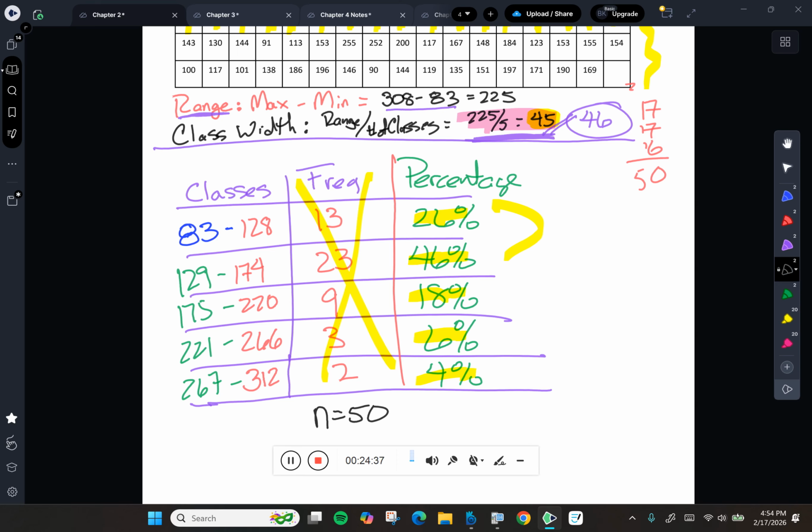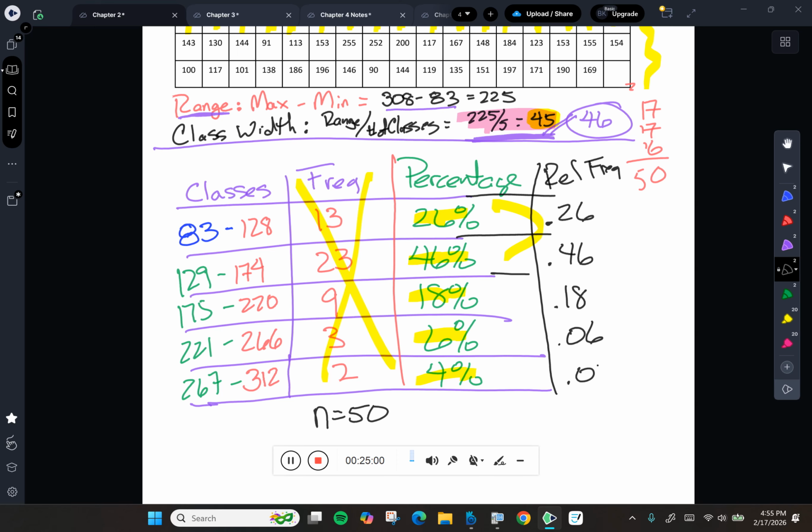I can turn those into percentages by just taking each frequency and dividing it by 50. I also could, if I wanted to, give the relative frequency, which instead of calling that 26, we would just say it's 0.26 and 0.46 and 0.18 and 0.06 and 0.04.